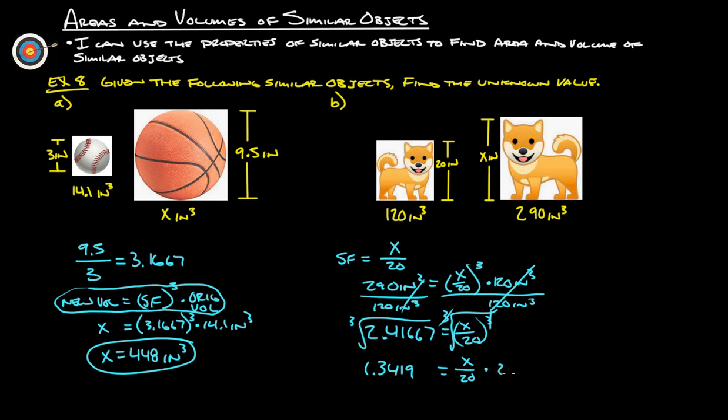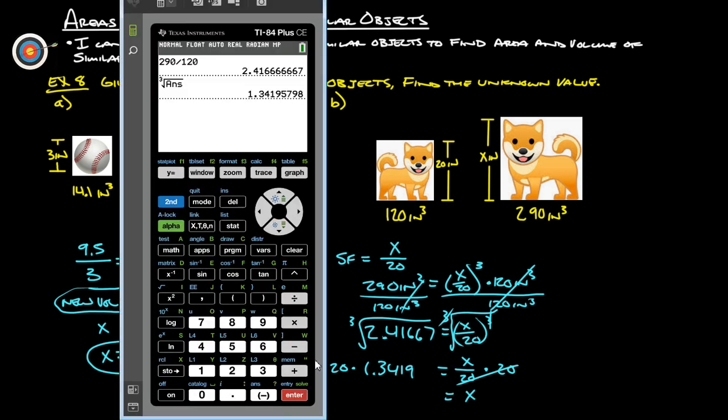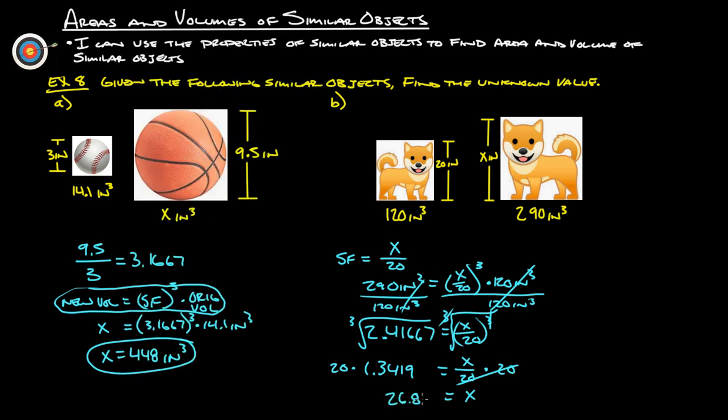And then our last step is to multiply both sides by 20. And we get X is going to equal. So we just take that answer, multiply by 20. Remember, we really don't want to round anything off until we get to the very end. Okay, first, second, third significant figure is 8. The 3 tells the 8 to stay the same, so 26.8 is our x, which is in this case inches.